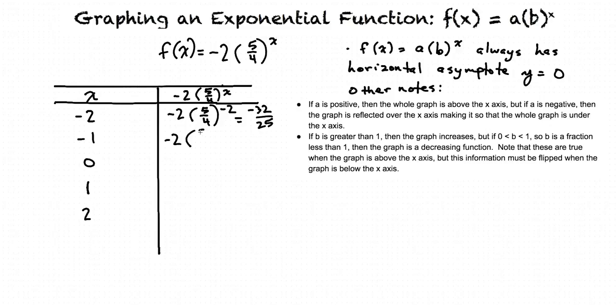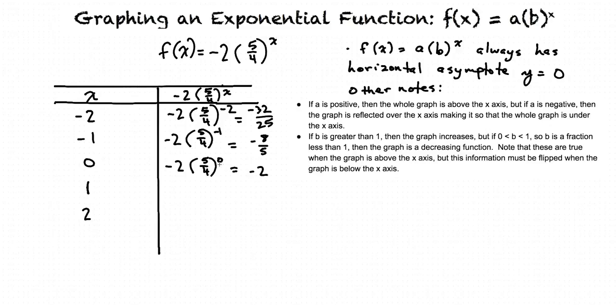Negative 2 times 5 over 4 to the negative 1 equals negative 8 over 5. Because 5 over 4 to the negative 1 equals 4 over 5. We multiply that by negative 2, we get negative 8 over 5. Negative 2 times 5 over 4 to the 0 power equals negative 2.